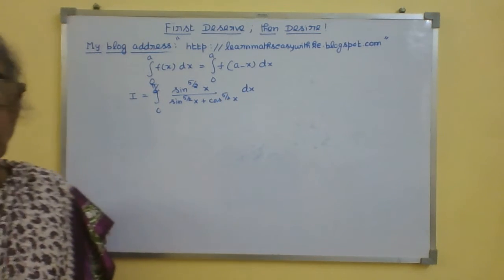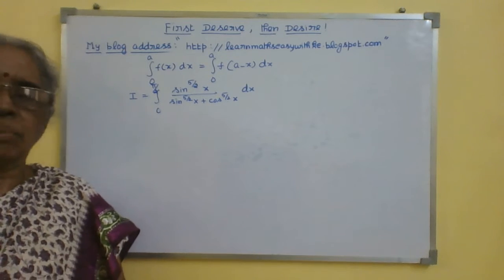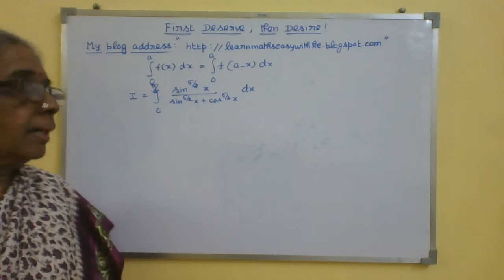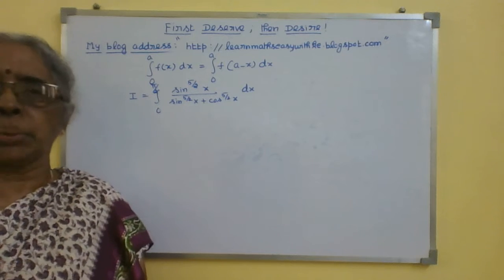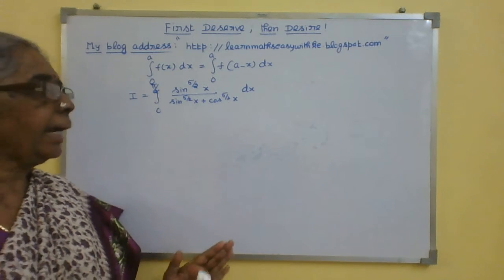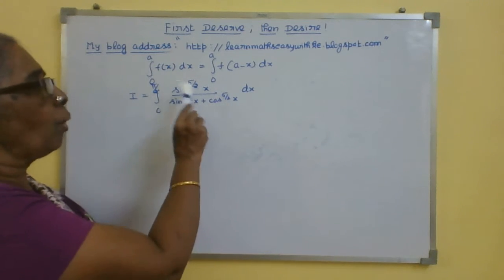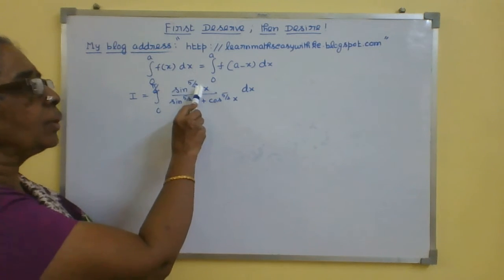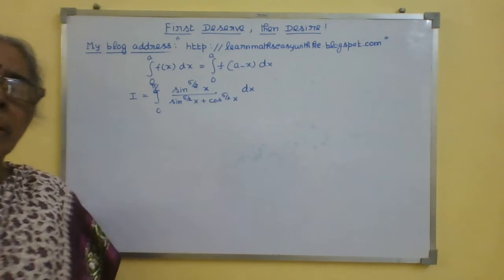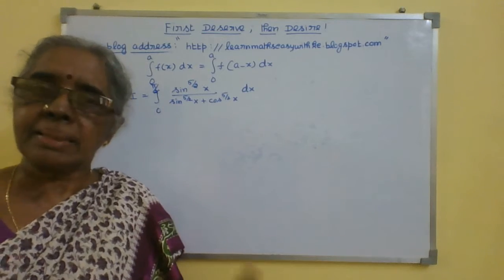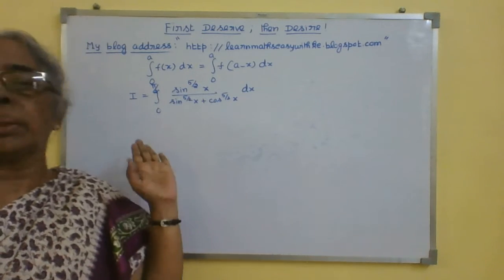Now, in this type of sums, let me call this type 1. Point 1, the limit will be 0 to pi by 2. Second, the degree of the trigonometric term in the numerator and the degree of the trigonometric terms in the denominator will be the same. Here the degree is 5 by 2.